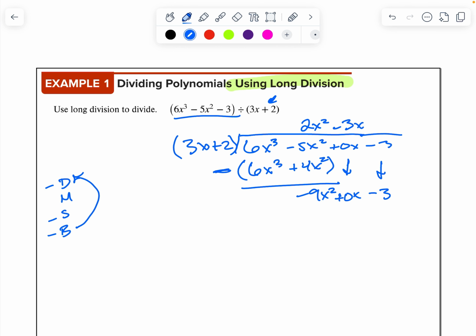And you know that you'll have done it right because when you multiply negative 3x times this thing out here, you get negative 9x squared minus 6x, and the first terms match up. So that when we subtract, the first terms go away, and 0 minus negative 6x gives me 6x. Bring down the minus 3.